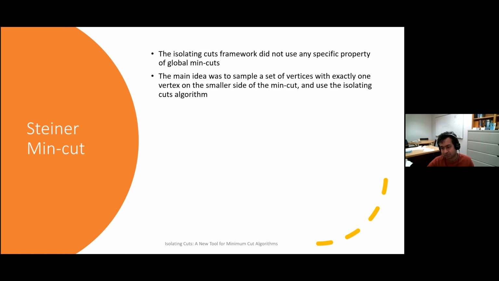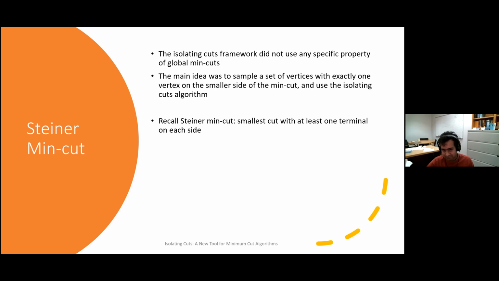So in the particular case of global min cuts, I didn't have any constraint on what set of cuts I'm trying to find the min cut over. But even if I do have a constraint, as long as I can satisfy the second criterion that I manage to sample exactly one vertex on the smaller side of the cut, I can still use isolating cuts.